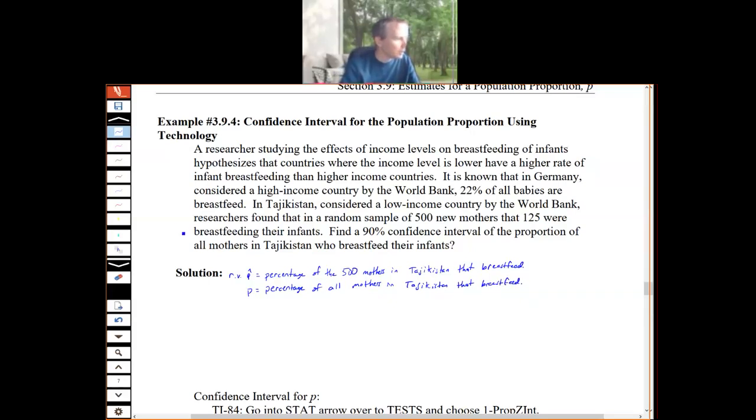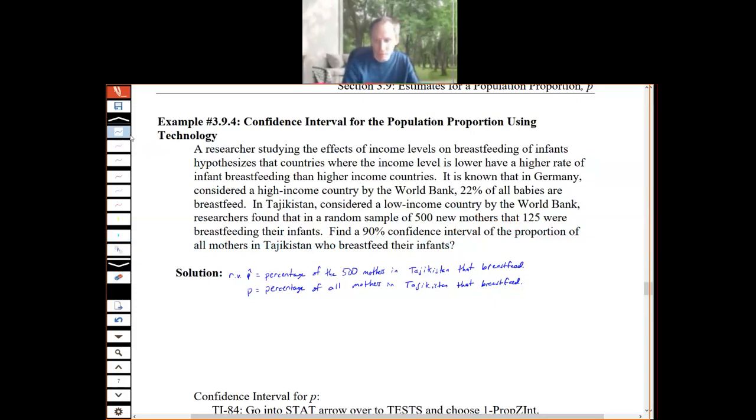Okay. And one of the things I want you to notice is that there's typically a question that we're trying to answer. What we want to know is what is the proportion of all mothers in Tajikistan that breastfeed? That's what our parameter p is, right? That's the thing of interest. We're not really interested in what percentage of our sample breastfeed.